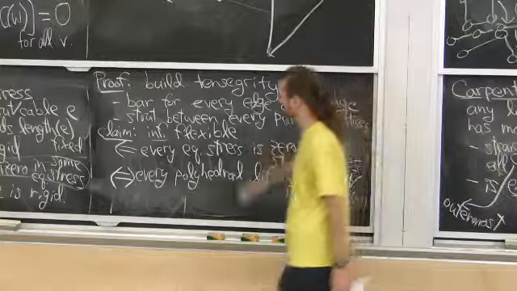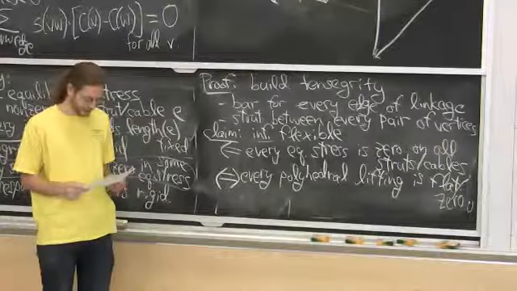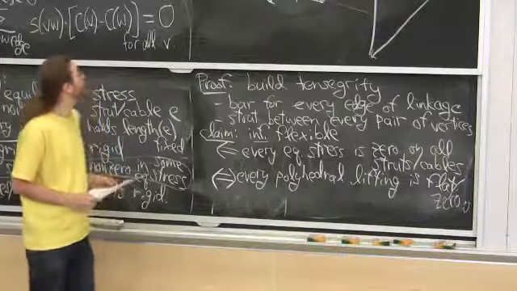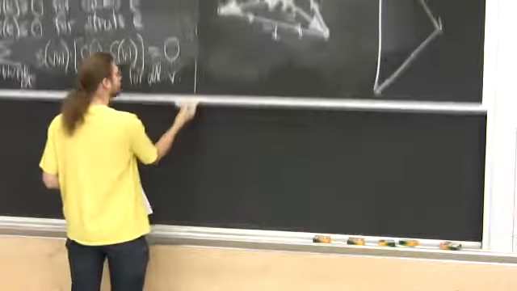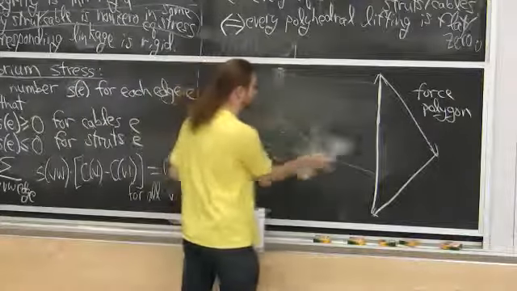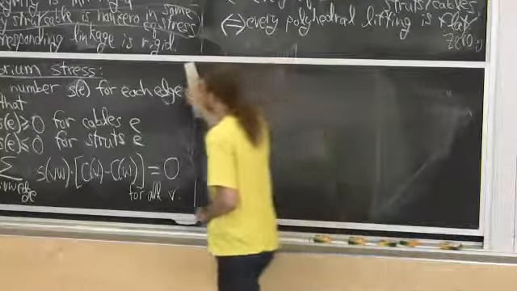So these are equivalent statements. All I need to prove is that every polyhedral lifting is flat. So we're going to prove this theorem by contradiction.